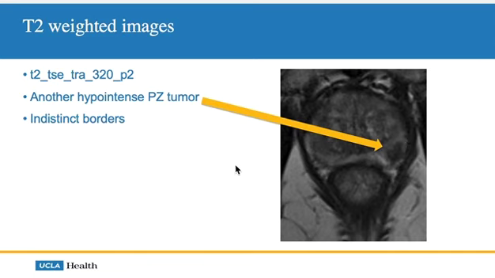So that's what we're looking for in the peripheral zone for cancer: hypointense. The borders are relatively indistinct. It's not well demarcated. It's poorly demarcated. And it has kind of a smudgy appearance. And this also was ultimately found to be a biopsy-proven clinically significant prostate cancer.